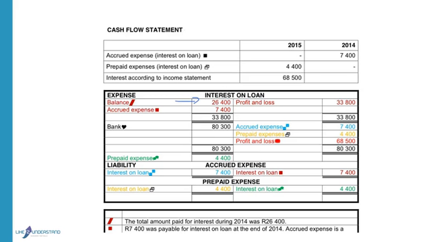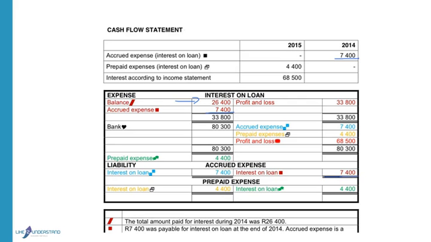Then you determined that there was an accrued expense of 7,400 that will increase the interest on loan for the current year. So interest on loan, we had to debit with 7,400 to indicate that the interest is more than the amount that we paid. And we credited accrued expense to create a liability.